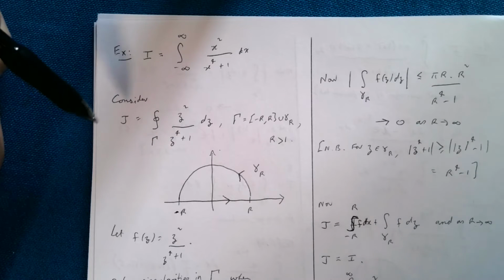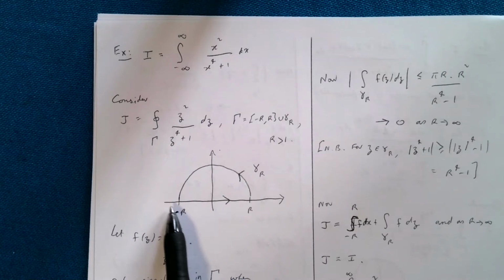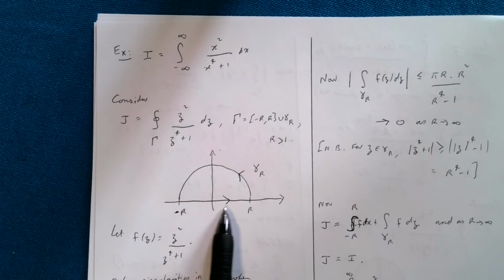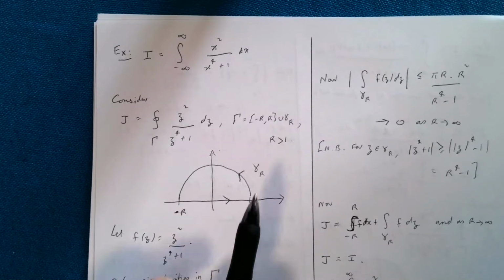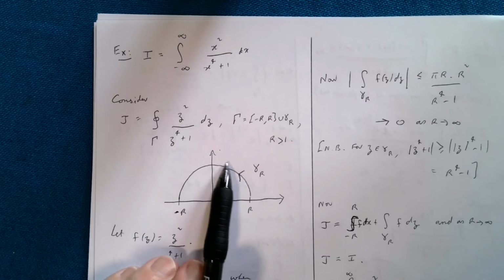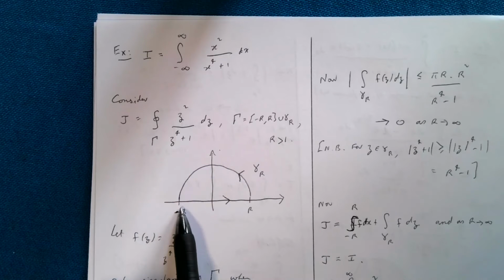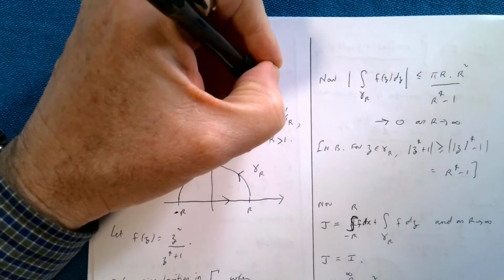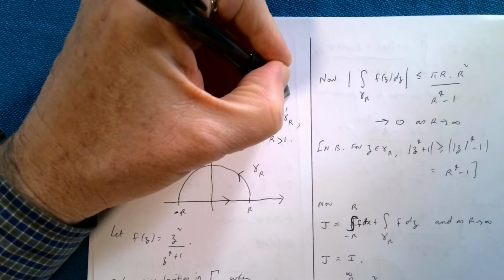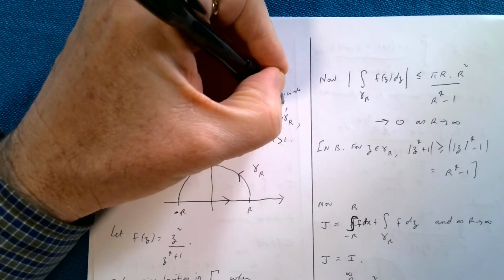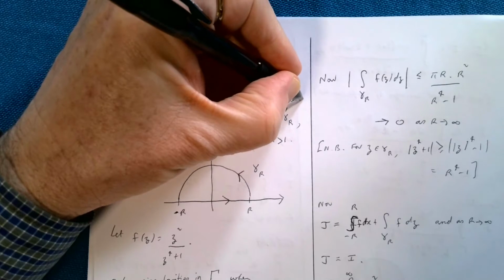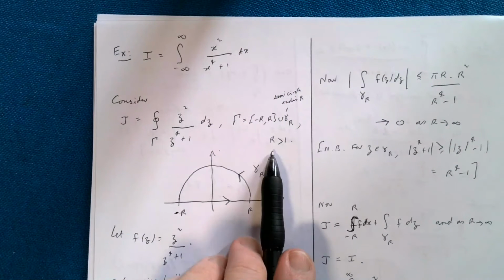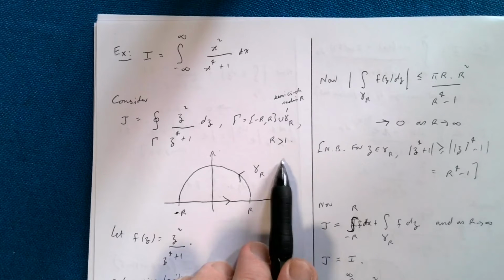Now this gamma is going to look like this. We go from minus r to r along the real axis, and then we go into the upper half plane via a semicircle of radius r. So this gamma r is a semicircle of radius r. And for the sake of argument, I'm going to take r bigger than 1, so I haven't got to worry about it, and we're going to think of taking limits.